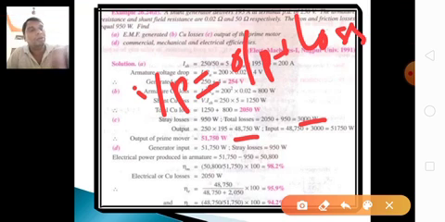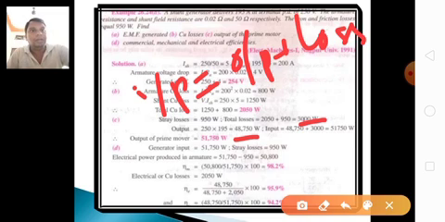Input is equal to output plus loss. So output is 48,750 plus loss 3000, which means 51,750 watts. Right? This is the input to the prime mover.